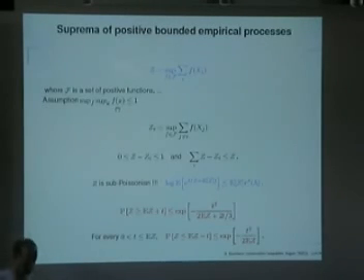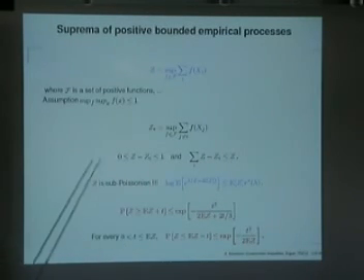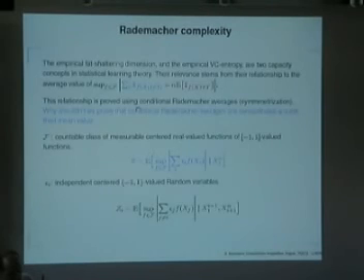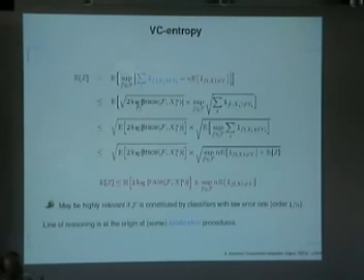Well, now, with 10 minutes more, we can deal with suprema of empirical processes. Because actually, that's what we were first interested in. Remember that my last Z was this one.